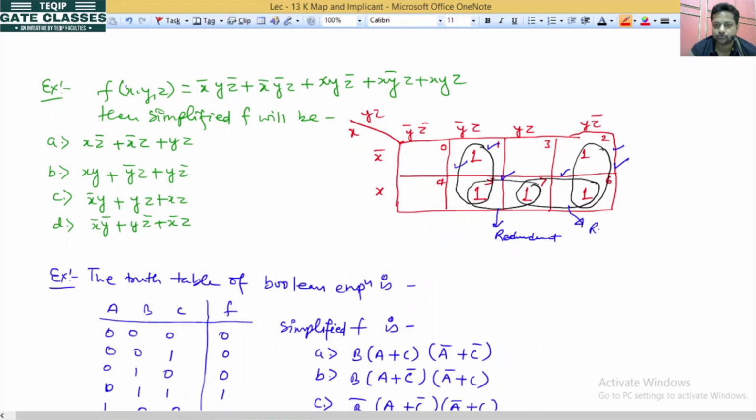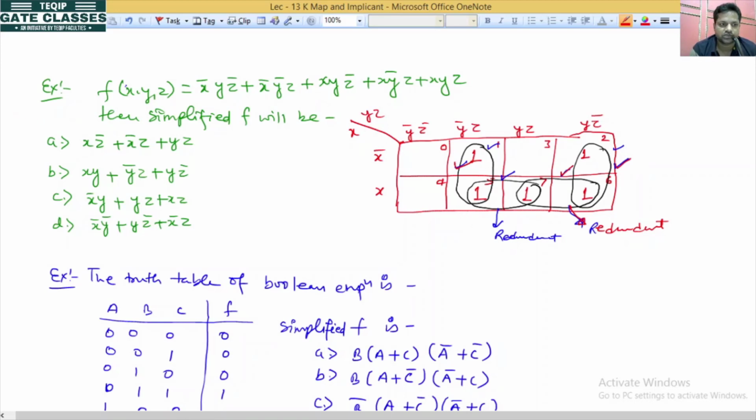I will change the color. So if you consider this one and this one, then this will be redundant. According to the answer we will go for that. So in this case two answers are possible.